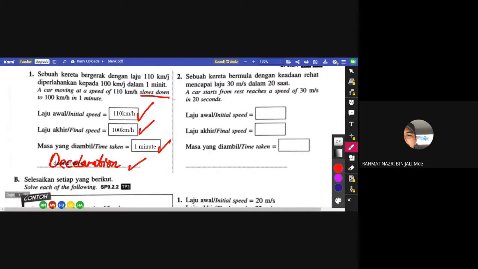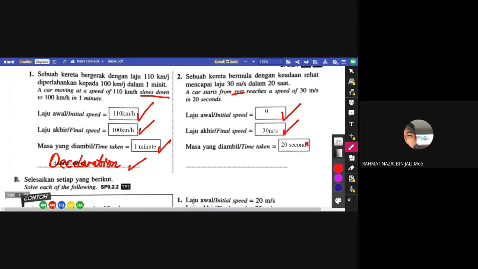Number 2, the car starts from rest. The keyword rest here means the speed is 0. Okay, correct. The final speed is 30 meter per second. Okay, correct. And then the time taken, 20 seconds.